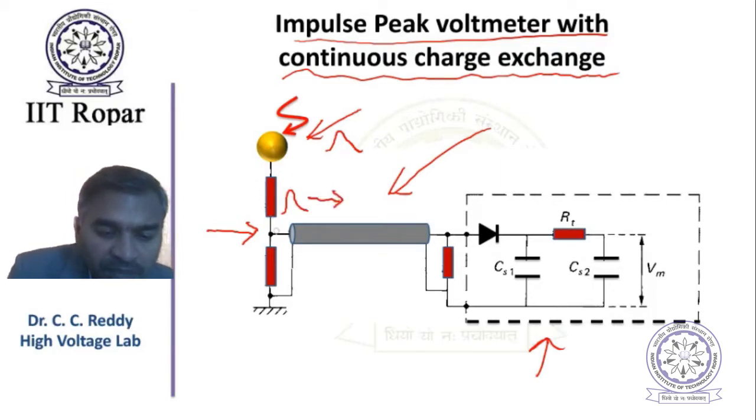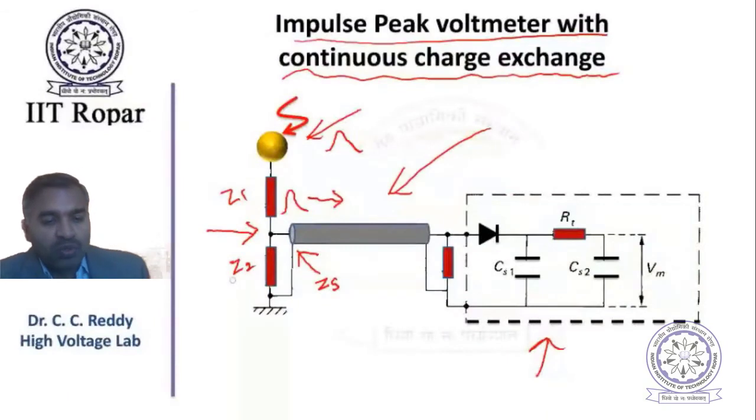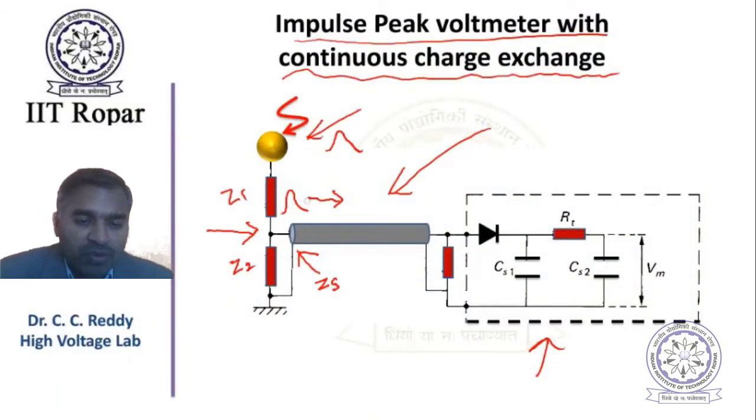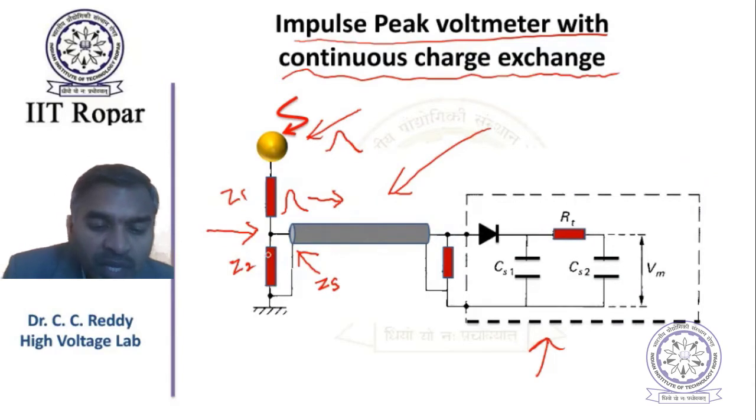See here, for the voltage division, of course, you have to take into consideration the surge impedance ZS, which will come in parallel with Z2. This is Z1 in parallel with Z2 at the instant of voltage application. So for considering the dividing ratio, you have to consider this ZS in parallel to Z2 also.